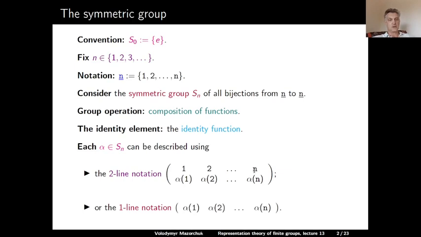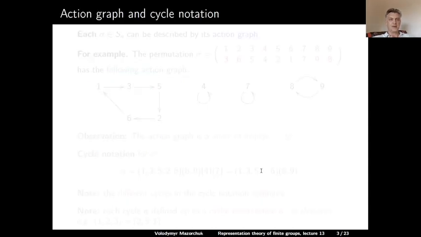Alternatively, one can also use the one-line notation if one agrees that the arguments in the first line are just listed increasingly with respect to the natural order. There is a third way to describe elements in the symmetric group, and this is using the cycle notation, alternatively via the action graph of the element.